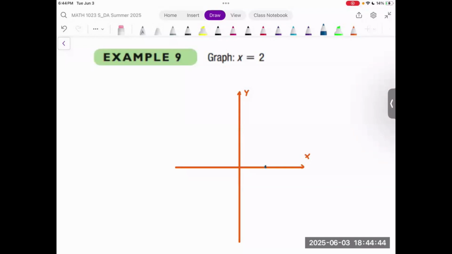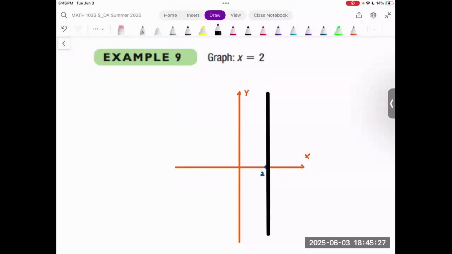Obviously somewhere here, right? That's where x equals 2. From that point, what makes more sense? Are you raising a vertical line or horizontal line? Obviously the only option is vertical, because if I do horizontal, the horizontal would be the x-axis, and it cannot be the same axis, unless it is 0, but it's not 0, obviously. So the only thing that makes sense here is to raise a vertical line through that point. And that's it.